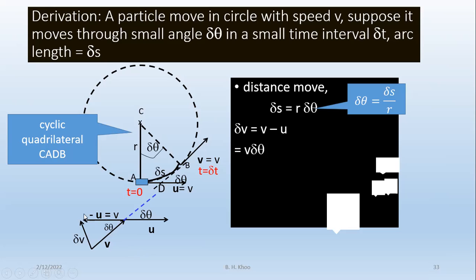So we can think of this as a radius, because this angle is small. This is a radius, this is your arc length.